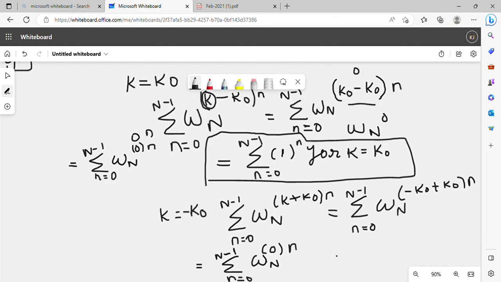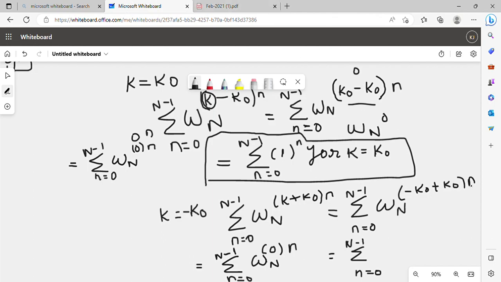I've already told you, which is resulting in 1 to the power of n. Once again the result is the same. It is n equal to 0 to n minus 1.